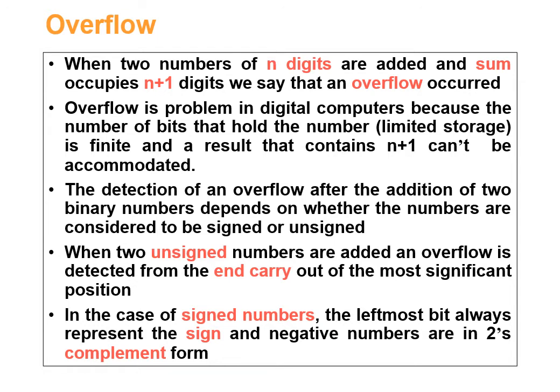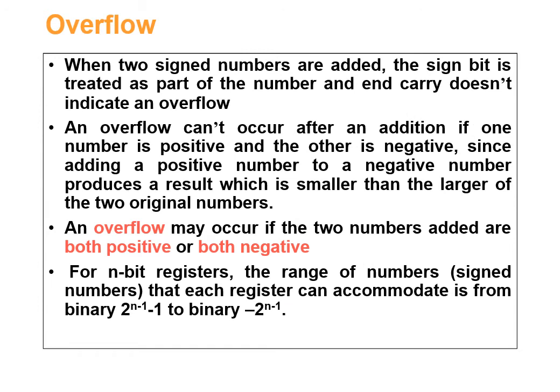When two signed numbers are added, the sign bit is treated as a part of the number and the end carry does not indicate an overflow. An overflow cannot occur after an addition if one number is positive and the other is negative, since adding a positive number to a negative number produces a result whose magnitude is smaller than the larger of the two original numbers.